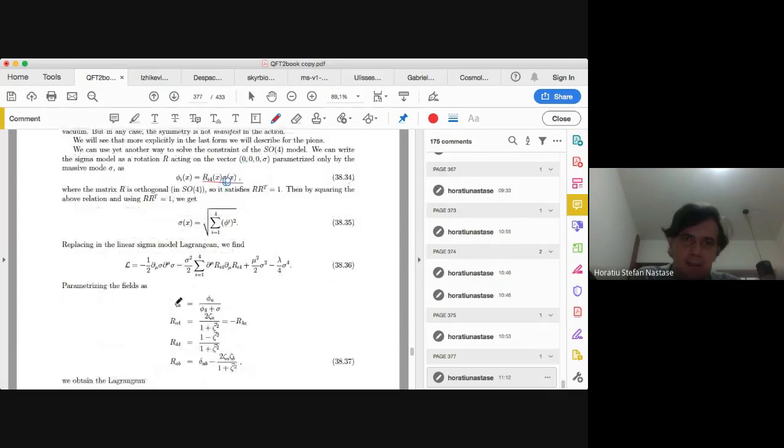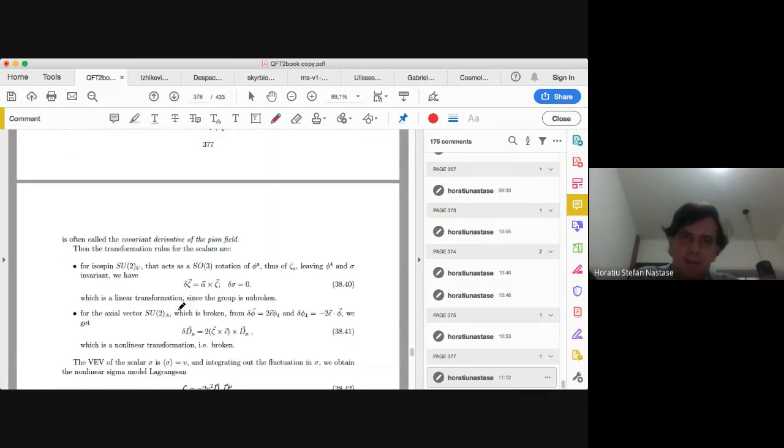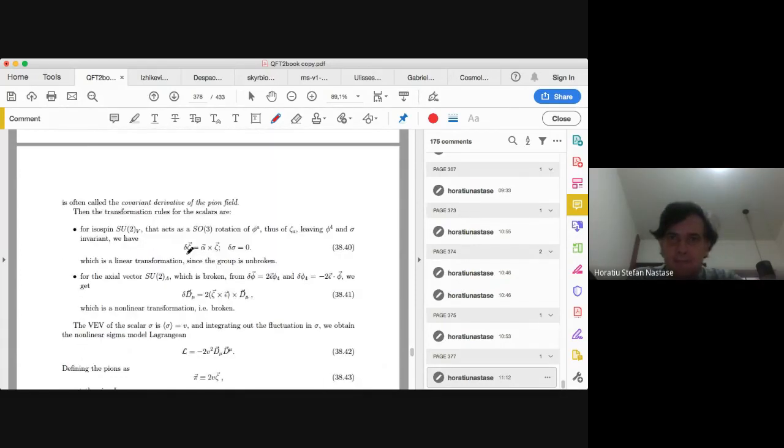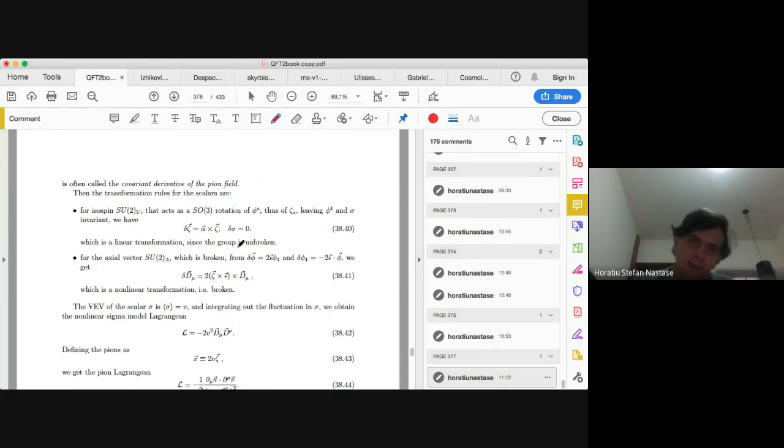And then phi_A's correspond to zeta_A. So it acts as a vector on zeta_A, as a rotation on zeta_A, which means this. The rotation in terms of vector notation is that the variation of zeta is alpha cross zeta. So that's a linear transformation, because SU(2) vector is an unbroken group that rotates the vacuum.